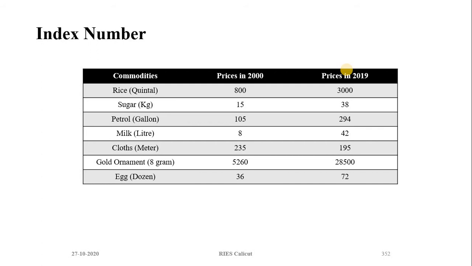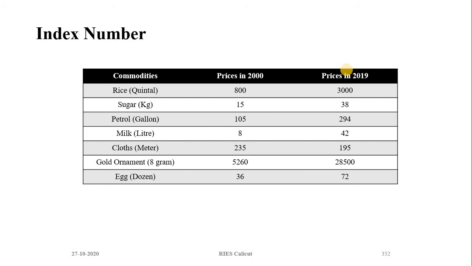Different commodity prices have increased at different rates. If you look at rice per quintal, it was 800, now it is 3000, almost four times. The price of rice has increased by four times.